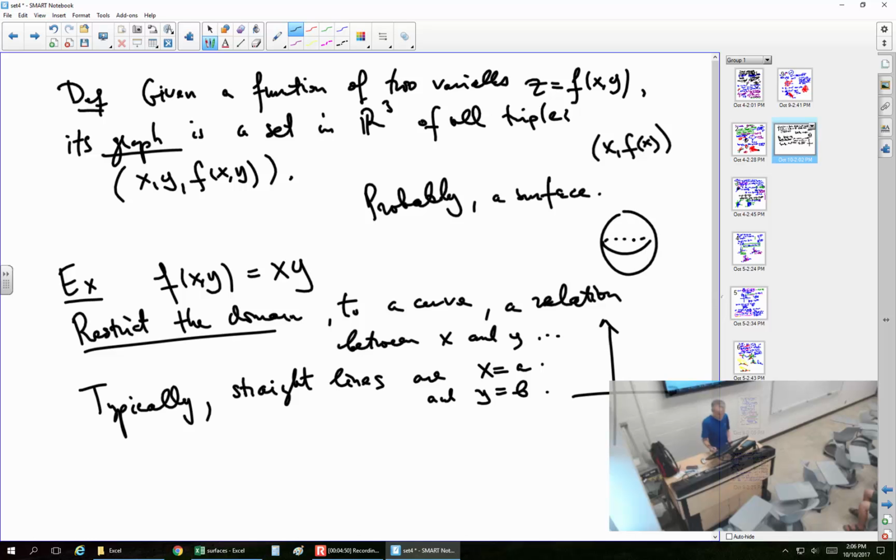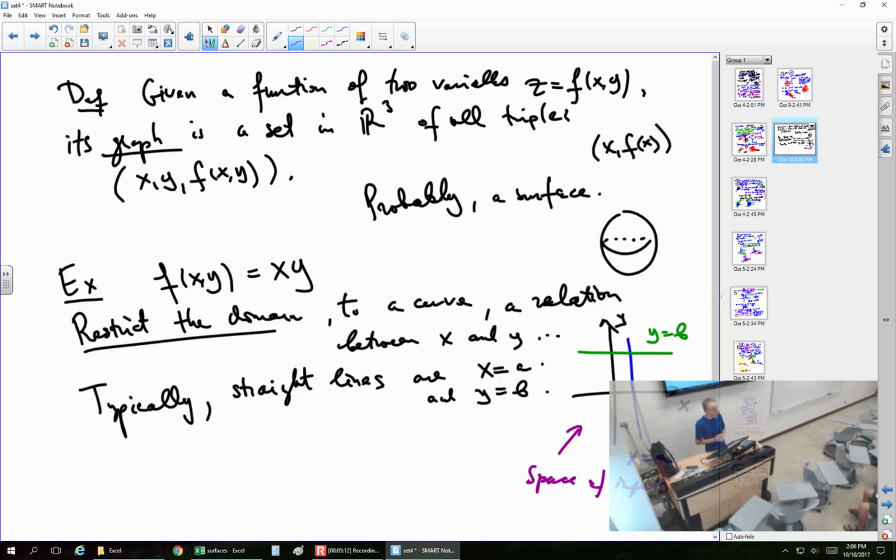This is our domain, and we're picking either a horizontal line or vertical line. So this is x equals a, and this is y equals b.